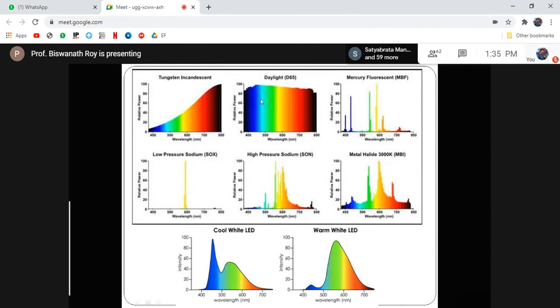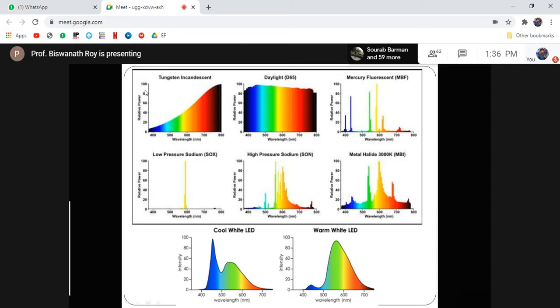These are the pictorial representations of the spectral power distribution, right? This is the spectral power distribution of a tungsten incandescent lamp. And if you follow, all are in the relative scale. If you follow the pattern, you see the higher the wavelength, the higher is the associated optical power. So you can gauge that beyond 800 nanometer, that is in the IR region, optical radiations are there.